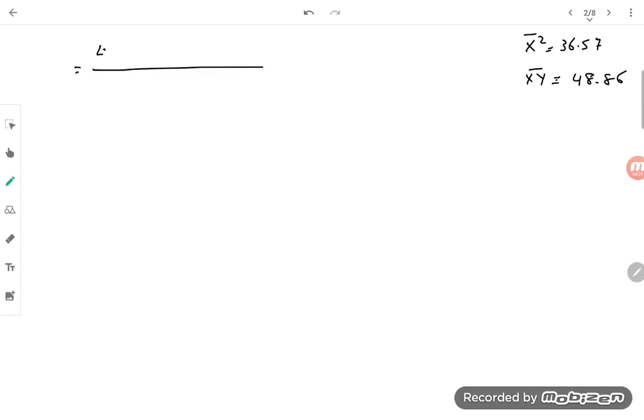It will be 48.86 minus 11 multiplied by 5.43, divided by 36.57 minus 5.43 squared. So the value will be negative 1.53.